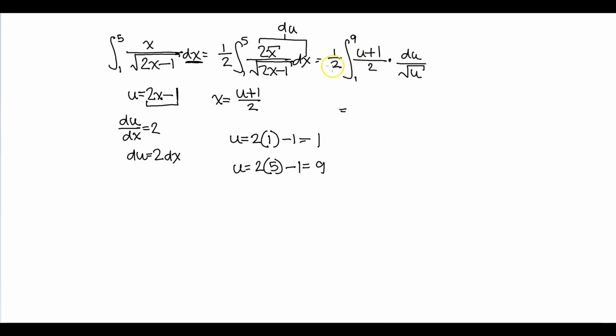So let's take this to the front of the integral. So 1/4 times the definite integral from 1 to 9 of u plus 1 over square root of u du, which equals 1/4 times the definite integral from 1 to 9 of u to the negative 1/2 times u plus 1 du.